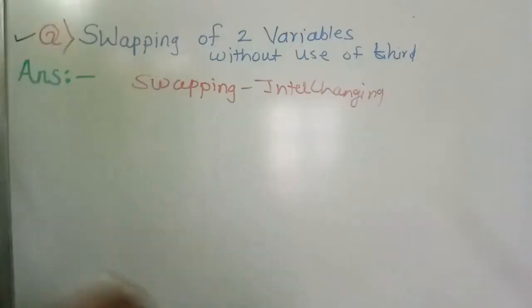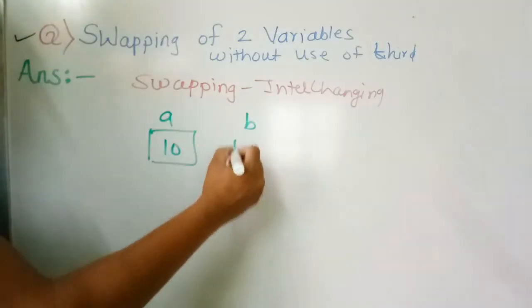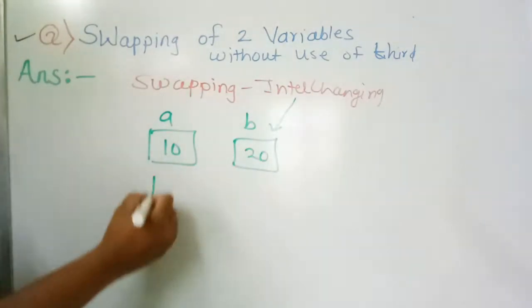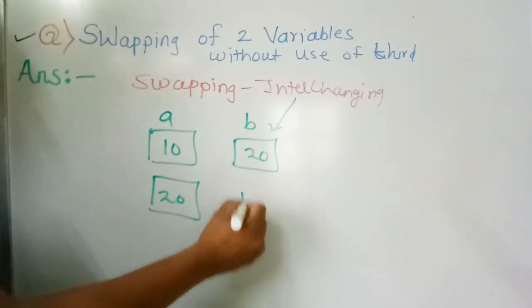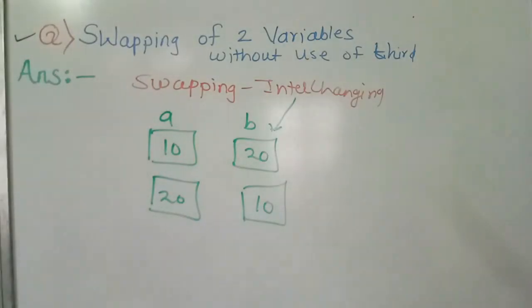For example, we are having A as 10, B as 20. After performing the interchange function, the answer will be like A will be 20 and B will be 10. After seeing, we can convert it easily by our open eye.